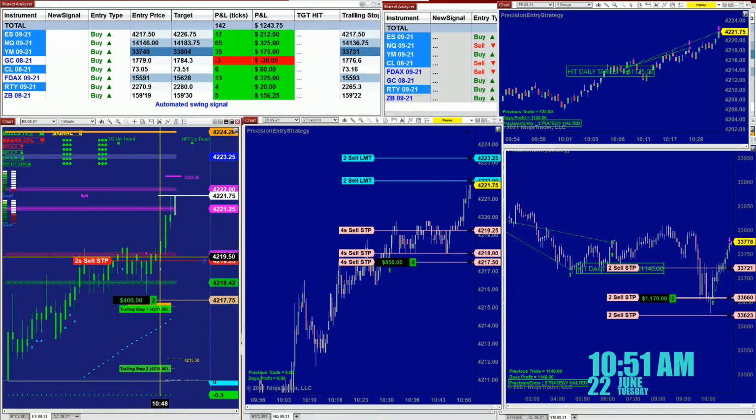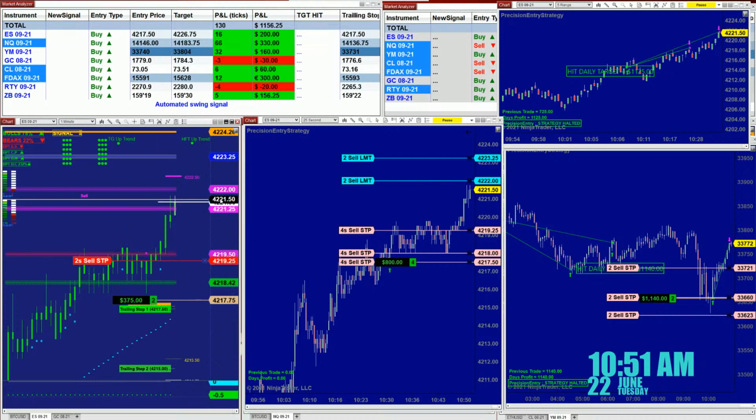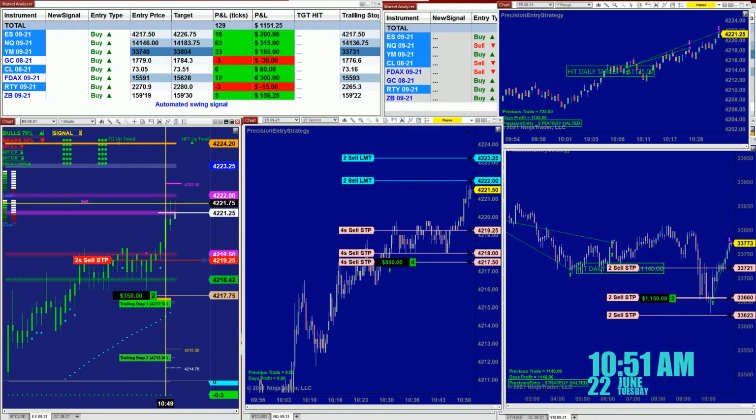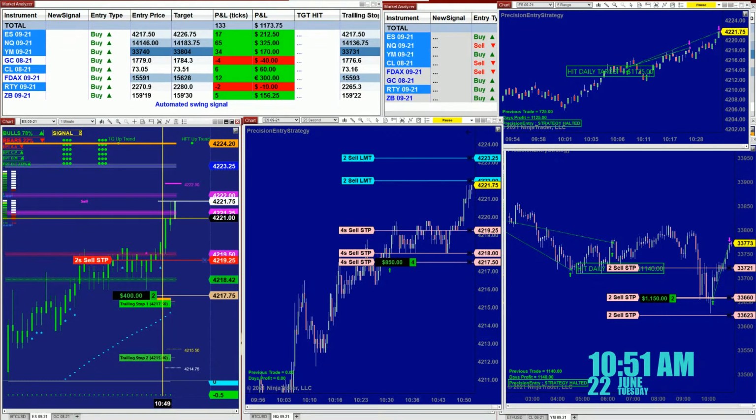So now I put the trailing stop right under the support area, because now at least we're going to have some little bananas at home. Now we are tangling with this one here, and once we finish with this one, I'll take the trailing stop and hide it behind the second level.